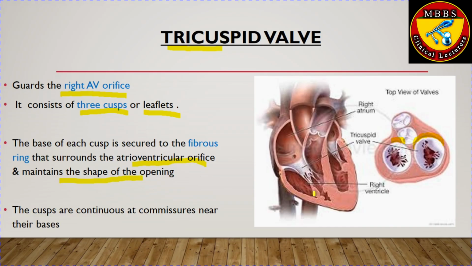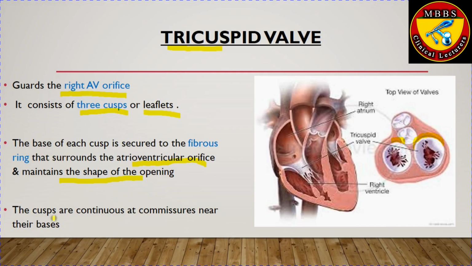So you know that the heart mainly consists of a fibrous skeleton which anchors the valves: the tricuspid valve, the mitral valve, aortic valve, and the pulmonary valve. So this fibrous skeleton is maintaining the shape of the opening, and the base of each cusp is attached to the fibrous ring.